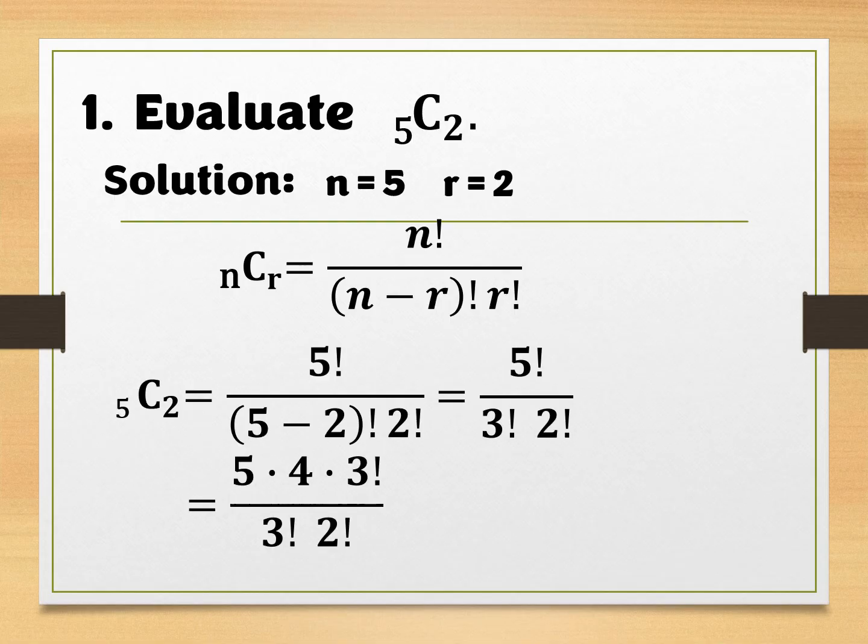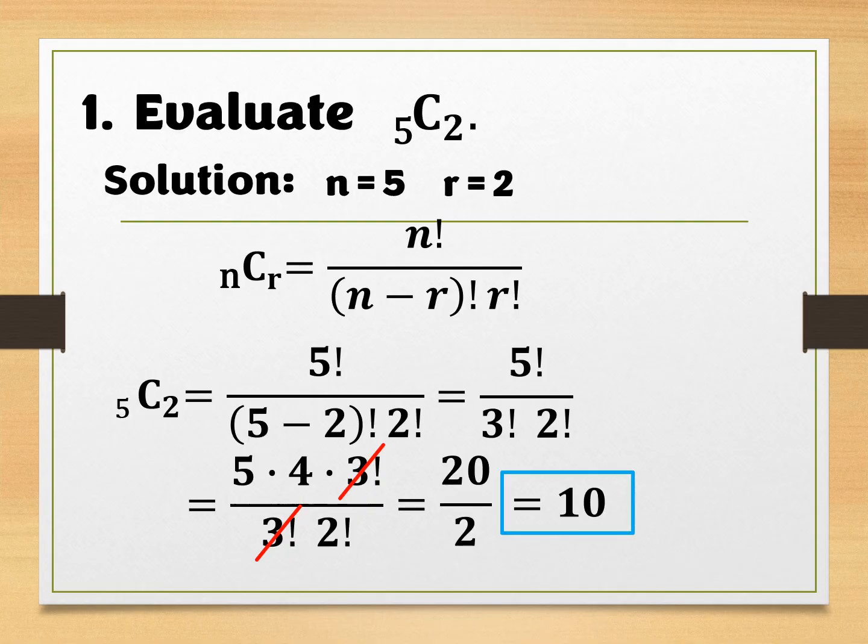And then we're going to simplify by using the cancellation law. We can cancel 3 factorial. And then we're going to get the product of 5 and 4 and then divide it by 2 factorial. So the answer is 20 over 2 is equal to 10. Therefore, the number of combinations of 5 objects taken 2 at a time is 10.